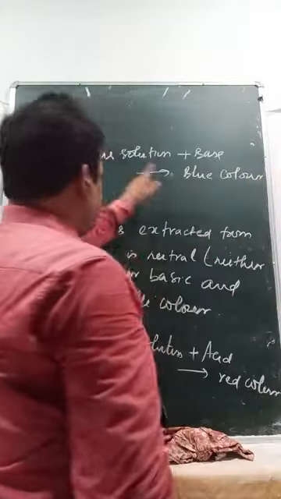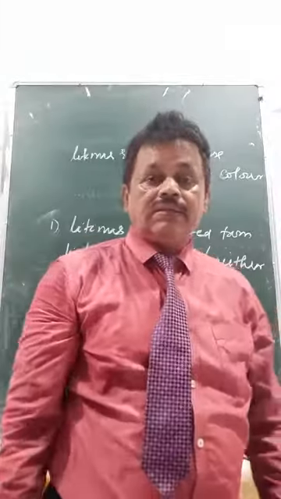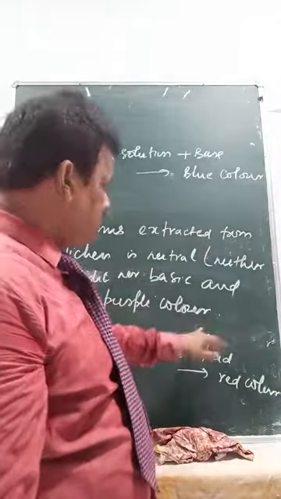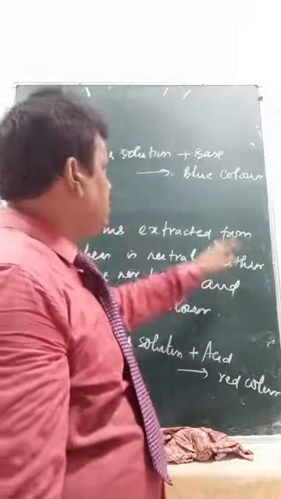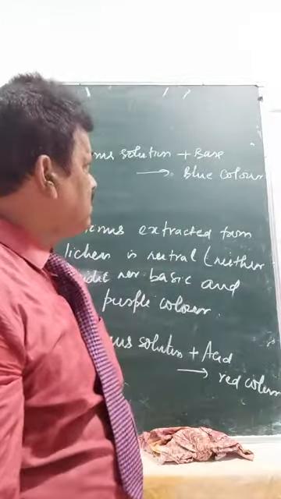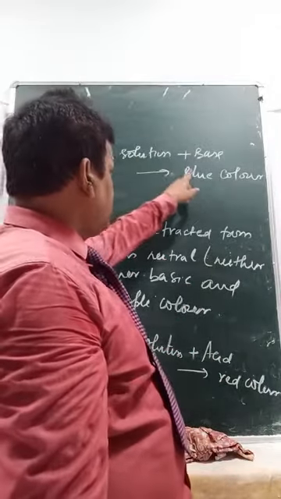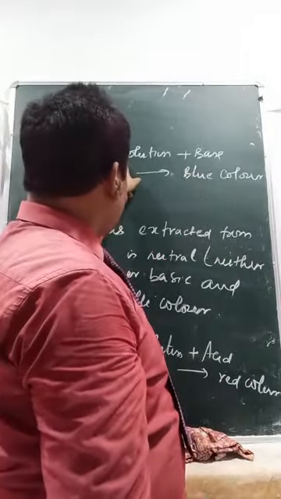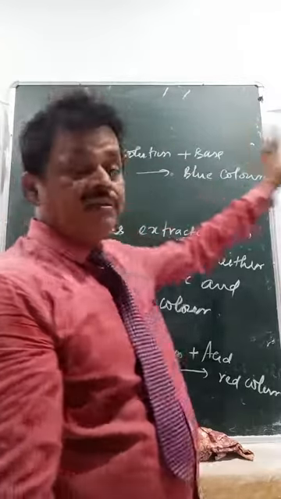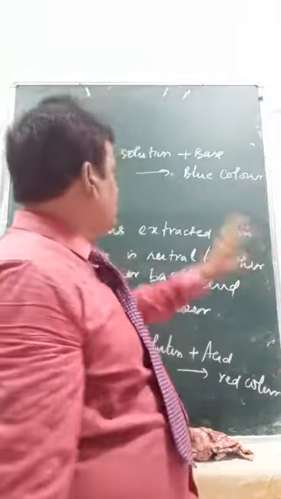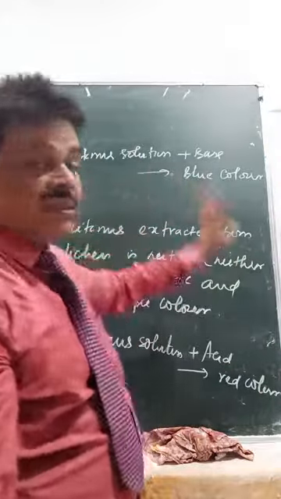So litmus solution is an indicator for the color. So if we add acid to litmus, it changes to red, then it is acid. And if we add base to litmus solution, which is purple in color, purple plus acid gives you red, purple plus base will give you blue. Red plus acid will be what?